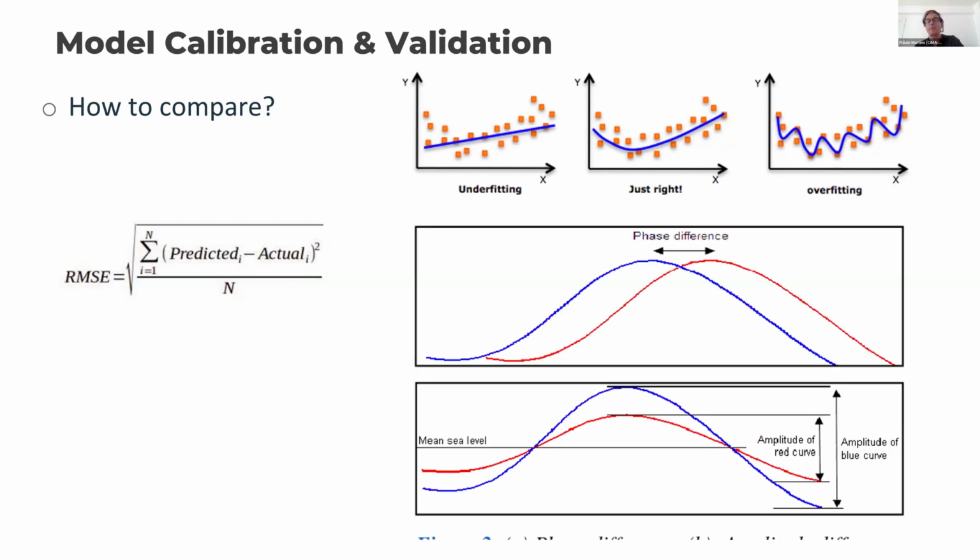Also, sometimes when we have waves, for example, in tides or in velocities of a tidal system or whatever, sometimes the error is not in the value, but in the phase. So we should decompose both the observations and the model results in the frequency domain and compare.